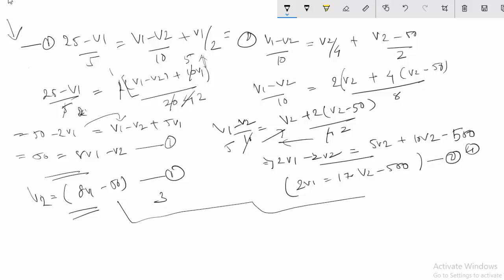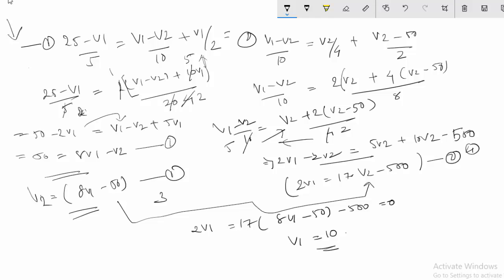But now the next step is substituting the v2 here. So when you are doing that, you will solve and you will get 2v1 equal to 17 into (8v1 minus 50) minus 500 equal to 0, and when you are solving for that, you will get v1 equal to 10.